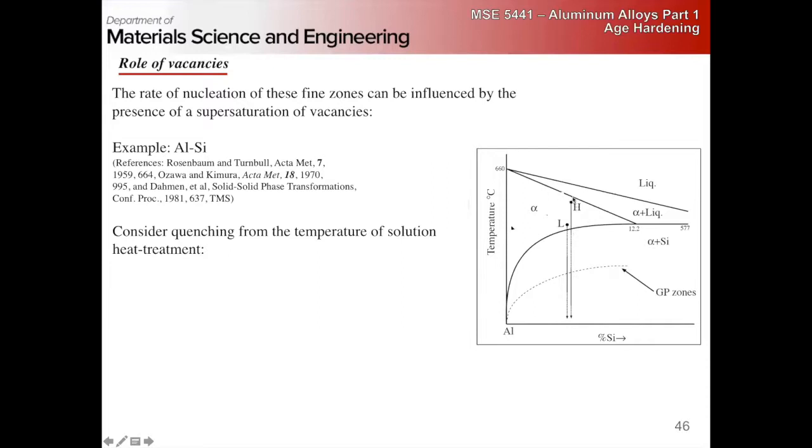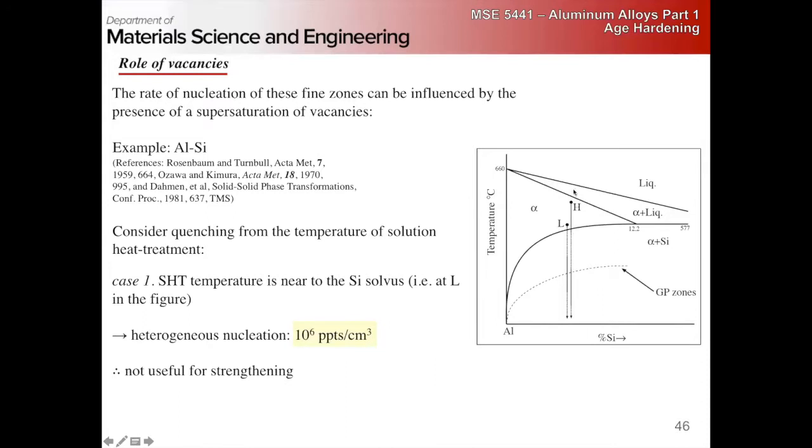And then we'll quench from near the solidus line. Remember, this is called the solidus line because it's solid on this side and alpha plus liquid on this side. And then here we'll quench from just north of the solvus, and we quench down to room temperature.